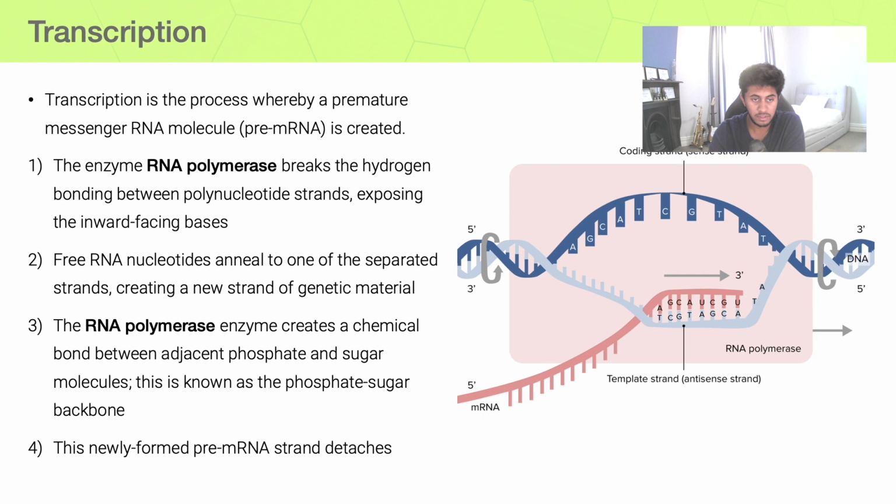Free nucleotides, this time RNA ones, anneal to one of the separated strands, creating a new strand of genetic material. Then, the same enzyme as before, RNA polymerase, creates a chemical bond between adjacent phosphate and sugar molecules. Now, this is known as the sugar-phosphate backbone or phosphate-sugar backbone, whatever you'd like to call it. This newly formed mRNA strand, which is a pre-mRNA strand, then detaches from the molecule, and that's the end of transcription.